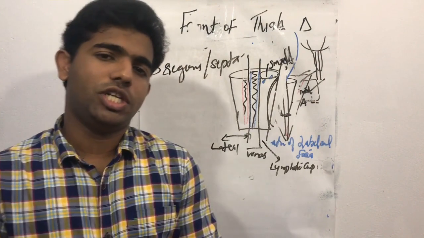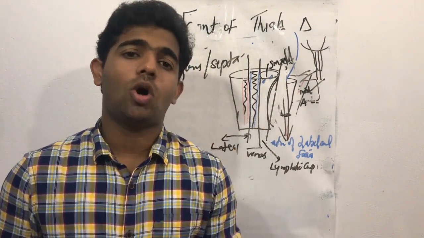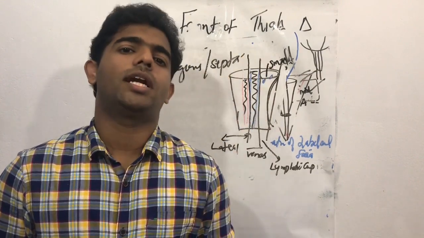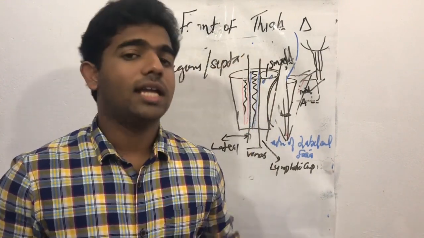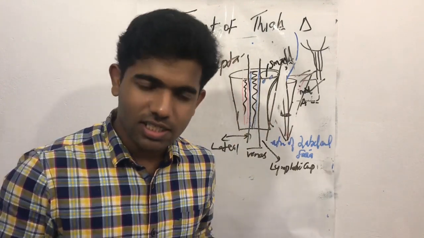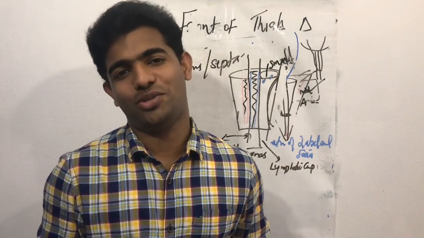So the femoral sheath is divided into 3 compartments: the lateral or arterial compartment, the venous compartment which contains the femoral vein, and the lymphatic compartment. That lymphatic compartment is known as the femoral canal. That is the next question that you have to study.